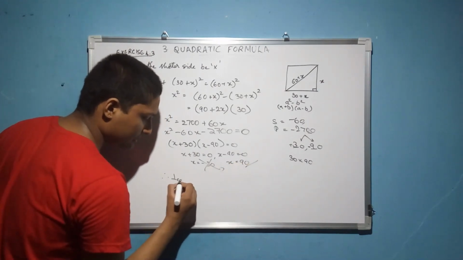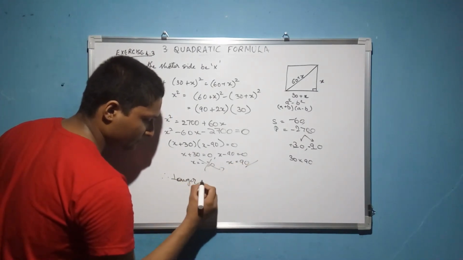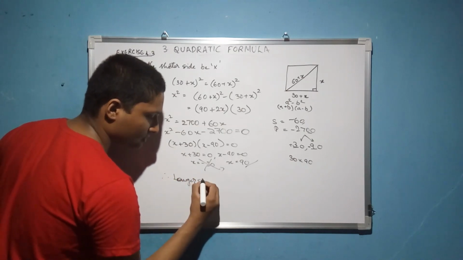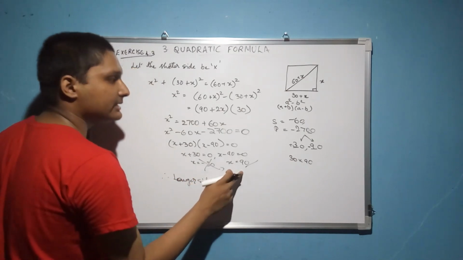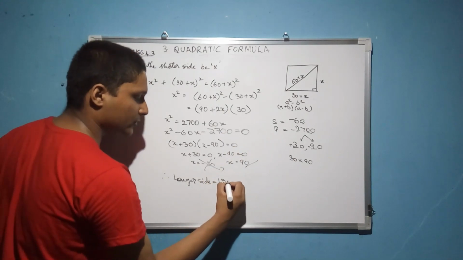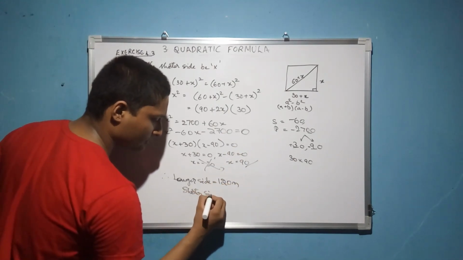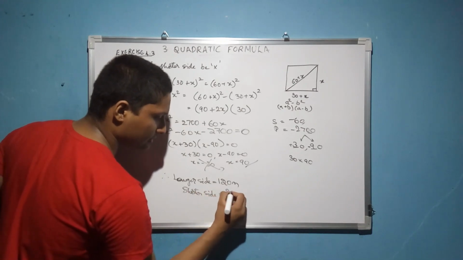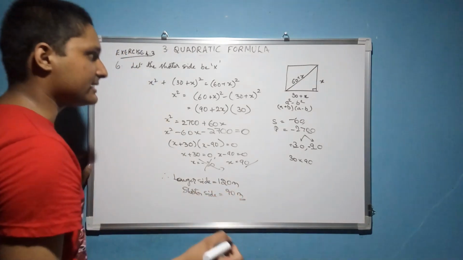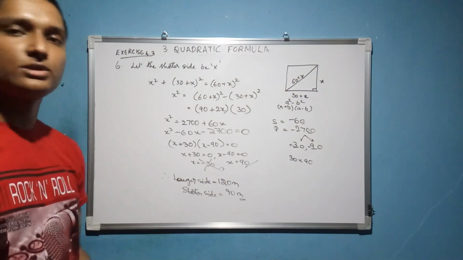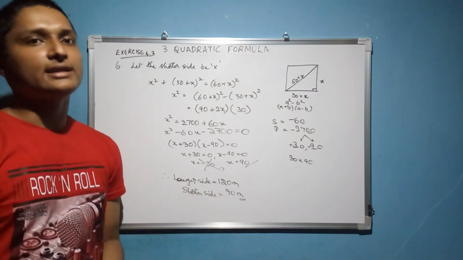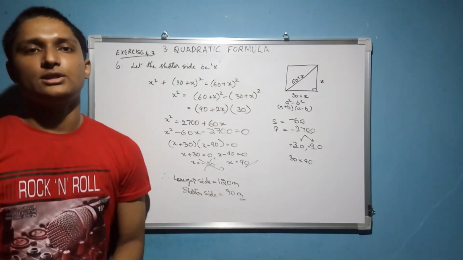Therefore the longer side is 90 plus 30, that is 120 meters, and the shorter side is equal to 90 meters. Okay, they asked only the sides, not the diagonal, so we need to write only these two. That is, the dimensions are 90 meter into 120 meter.